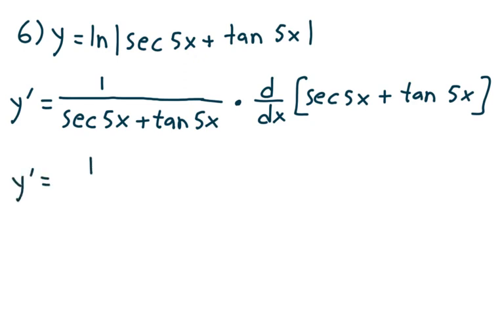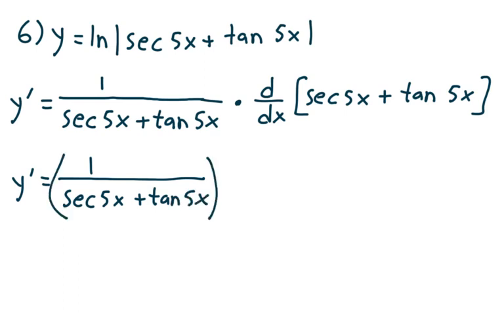So y prime is 1 over secant 5x plus tangent 5x. I'm going to take that answer and multiply by the derivative. Now, let's start with the second term. The derivative of tangent of 5x with respect to x is secant squared of 5x times 5, right?